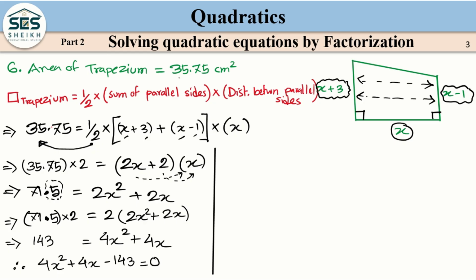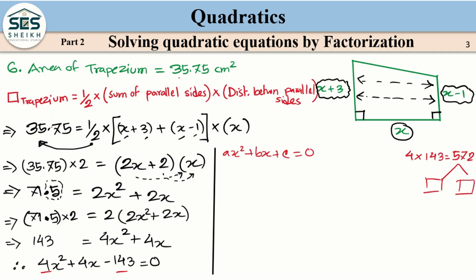If we compare it with our equation of middle term break rule, that is ax squared plus bx plus c equals 0, then we can see our a is 4 and our c is 143. So 4 times 143 actually gives us 572. So we need to split 572 into two parts.